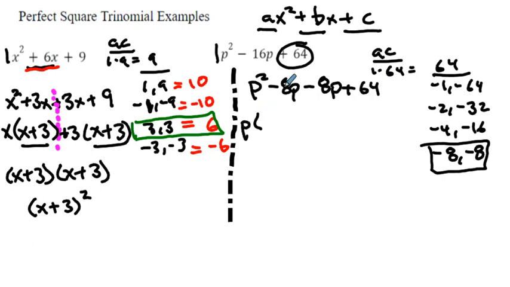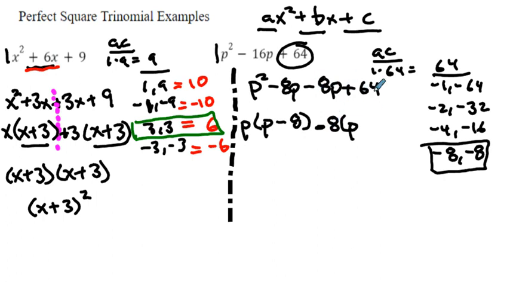So let's pull a p out of the first two terms, and we get p minus 8. Now the second one, I could pull out 8, right? And then this would have to be negative p if it were positive. But if I make this -8, -8 times p gives me -8p. So that's the ticket, right?